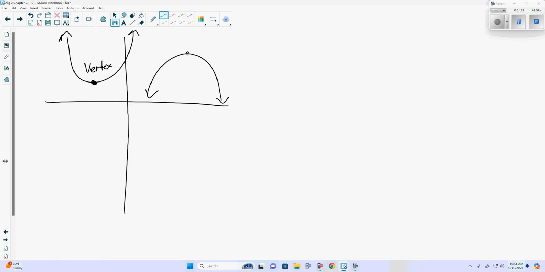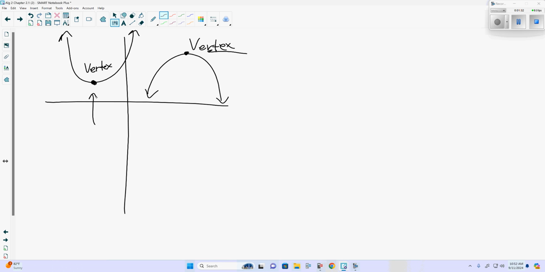If it opens down, the highest point is the vertex. And that's actually the minimum or maximum value. It's called the extrema, because it is the lowest point or highest point that we can have, depending on how it opens. It can't get any bigger than this one here, or any lower than this.